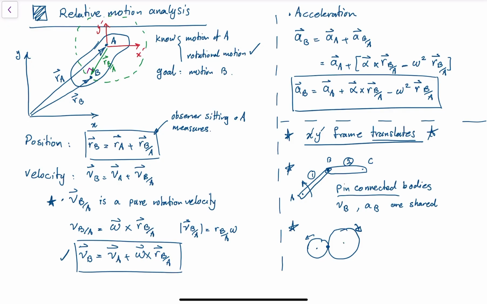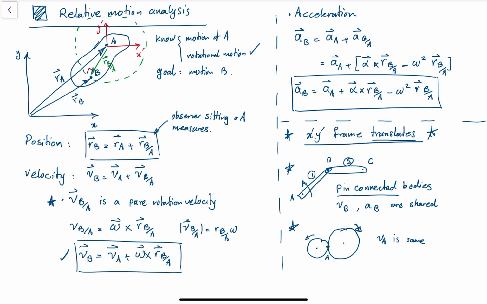So this point A, the velocity v_A is shared, is the same, because these two wheels turn each other without slipping between them.